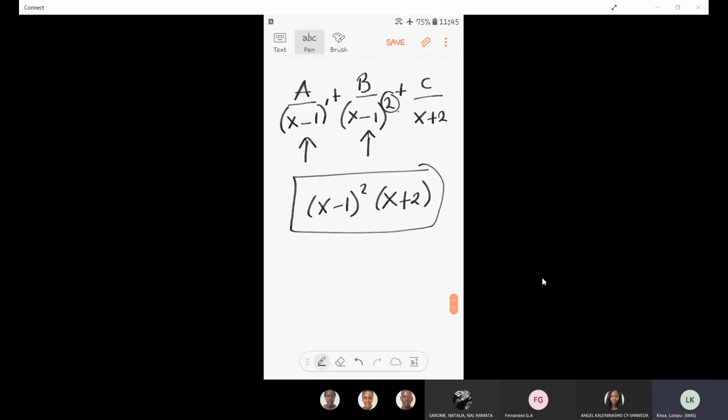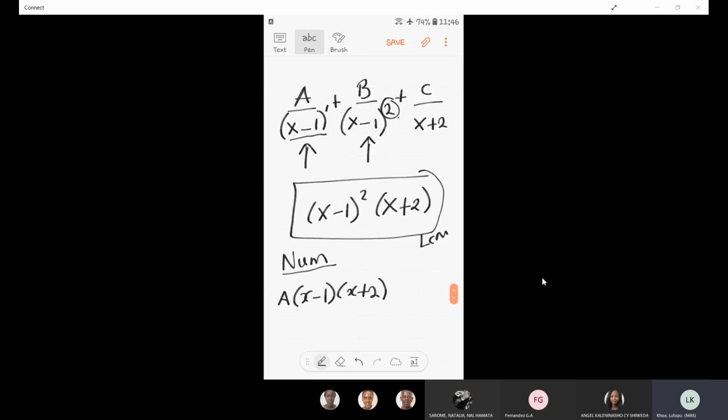All right, then we do it in the same way that we always do. We look at our numerator. So I need to change this denominator to the LCM, which is this one that I have over here. The only thing missing is x minus 1, so that it becomes squared, and then x plus 2.